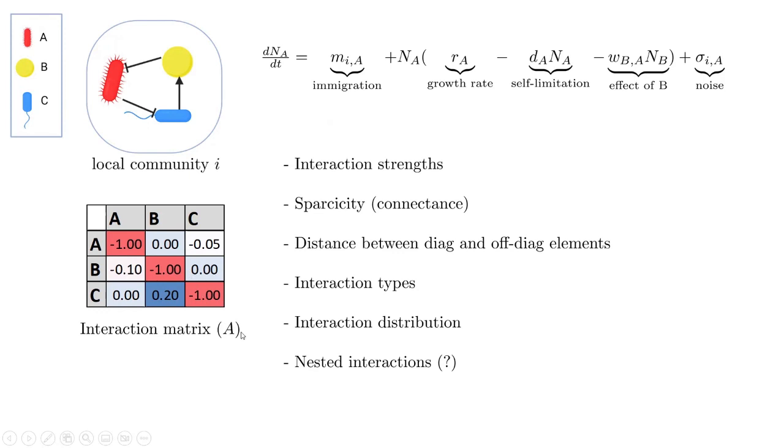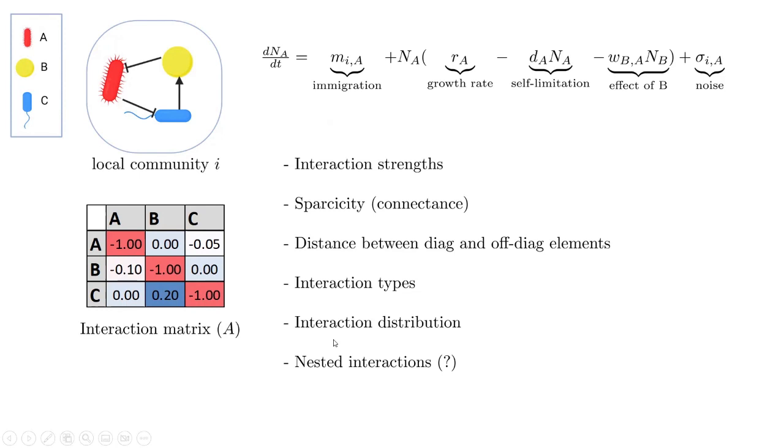You can think of the distance between the diagonal and off-diagonal elements, so how strong is the self-interaction compared to the interaction with other species. You can think of interaction types, whether positive to positive or positive to negative, so cooperation, competition, commensalism, amensalism, and also the interaction distribution.